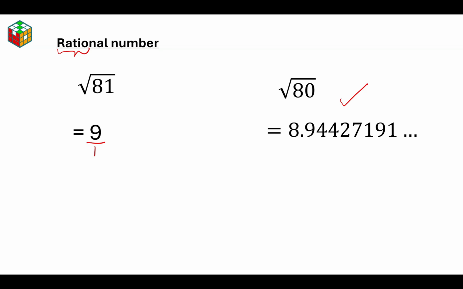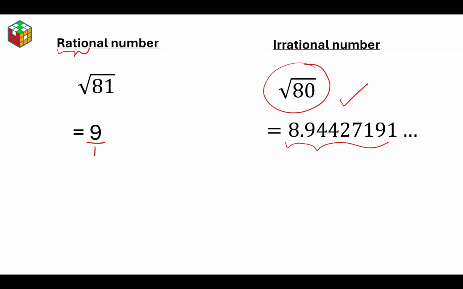So you think about a surd as a length, which is an ongoing decimal number, which is very hard for us to tell people the exact value. Therefore, we may want to just keep it like root 80. And we're going to talk about how to simplify the surd. When it's a surd, we call it an irrational number because we cannot write it as a fraction, as a ratio.